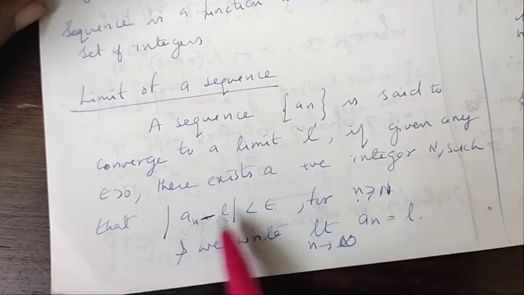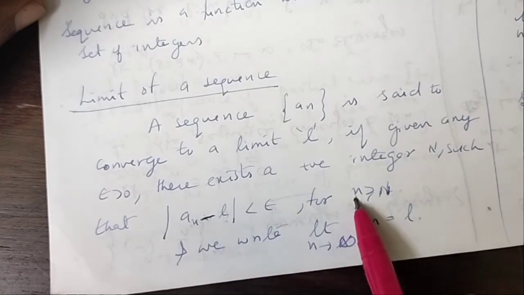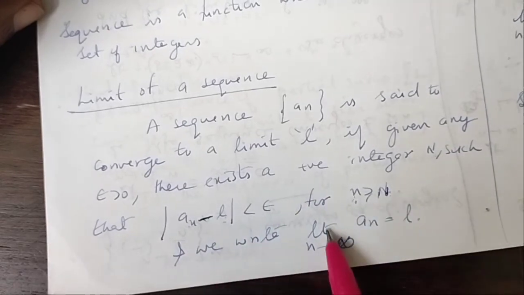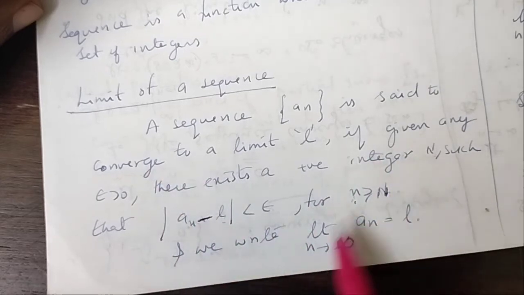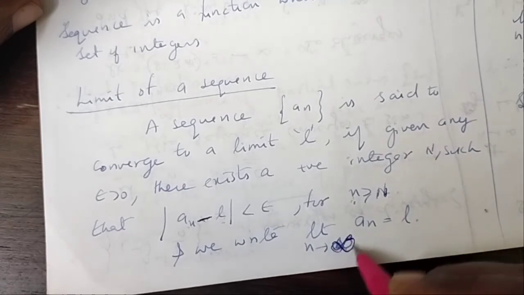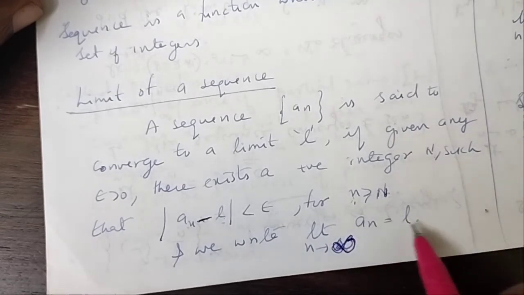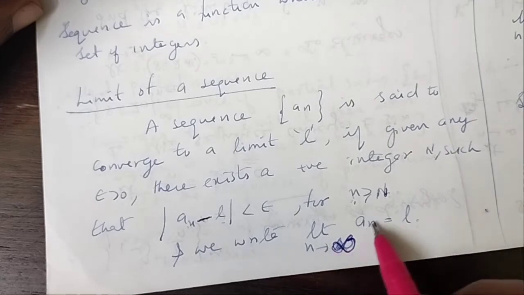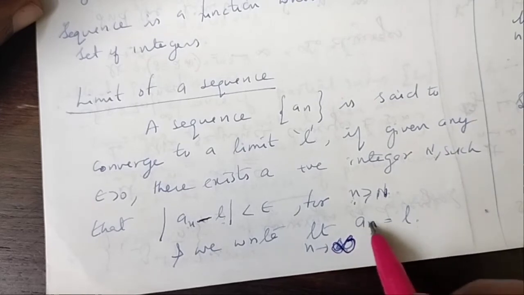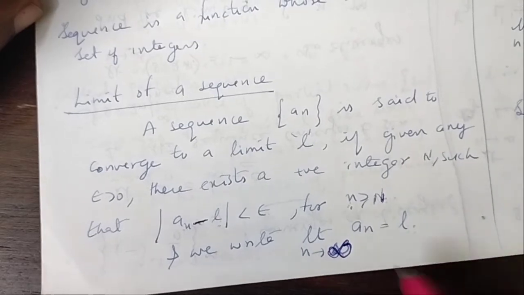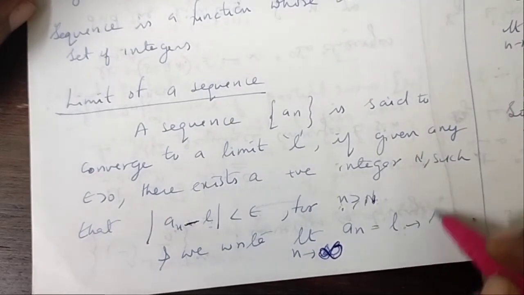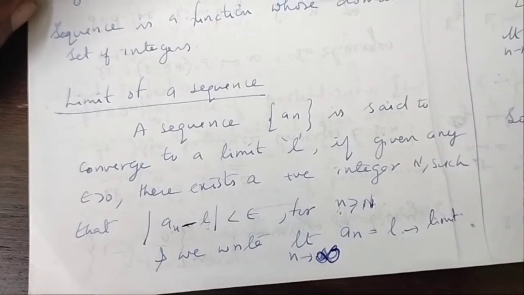So when a_n is approaching L as n tends to infinity, we write it in short as limit n tends to infinity of a_n is equal to L. So as n tends to infinity, as n becomes larger, a_n becomes L. So this L is called the limit of the sequence.